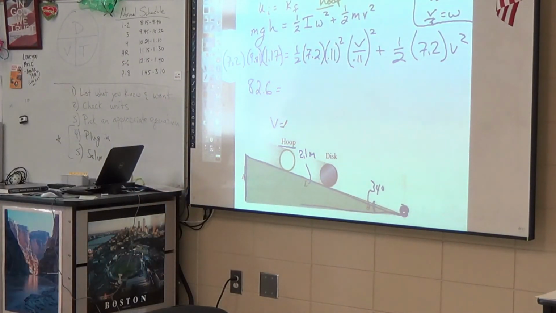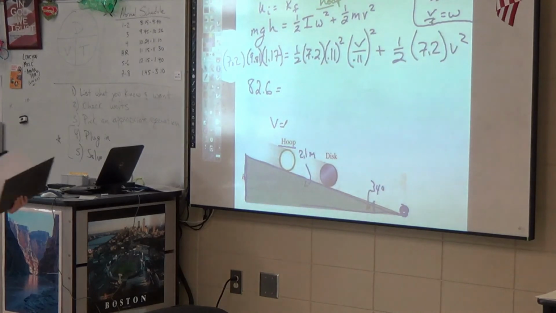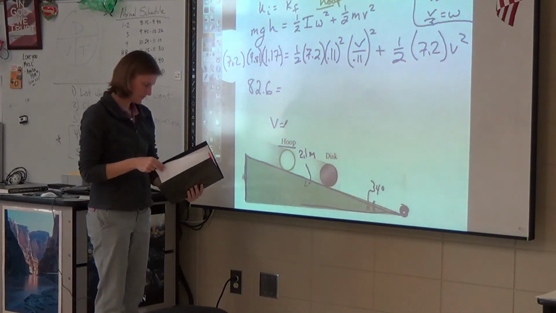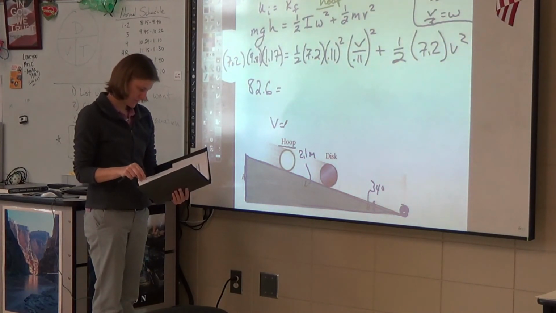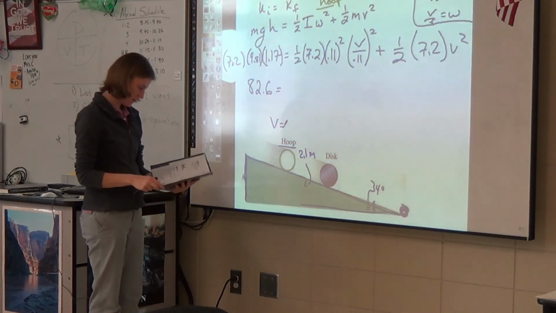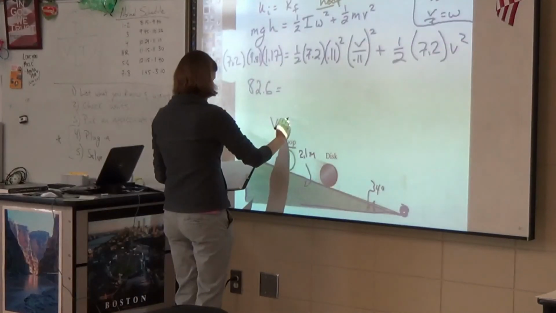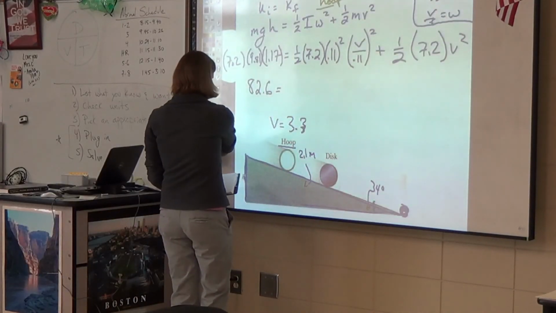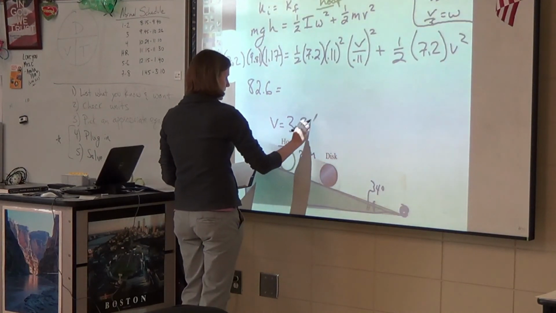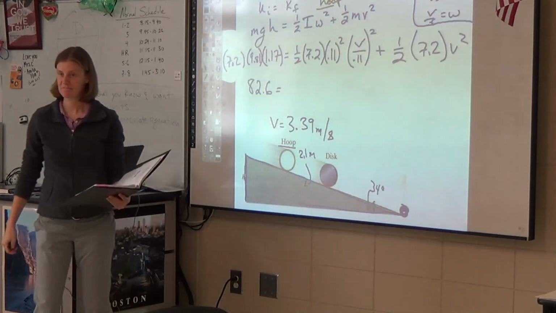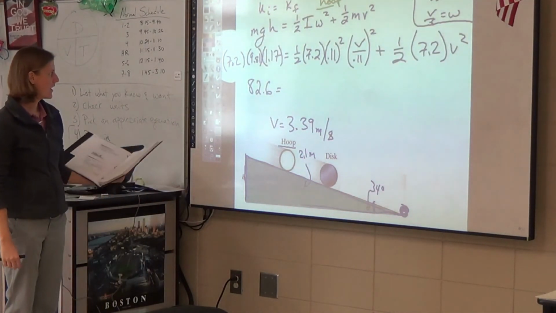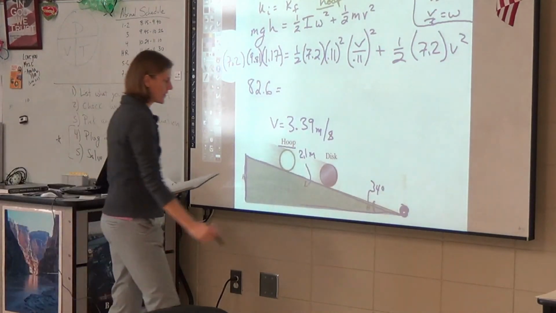And I'll try to save you some pain here. Let's just say we got that. That is the speed of the hoop at the bottom where potential energy is 0.